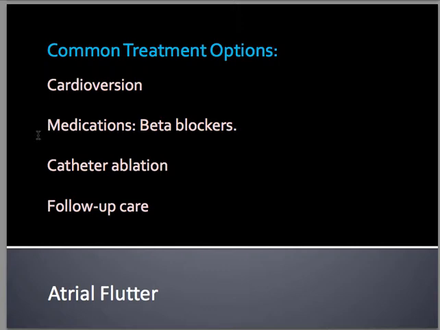Now let's talk about common treatment options. If someone comes to the emergency room with a very rapid rate and you see the heart rate is 150, there's always a question as to, is this atrial flutter or is this regular sinus tachycardia? However, doing a carotid massage can reveal the presence of atrial flutter waves.